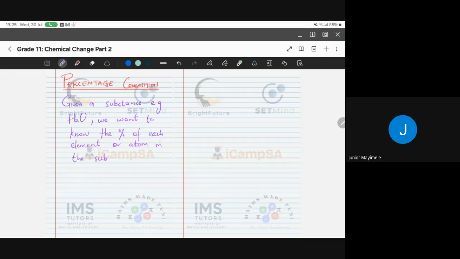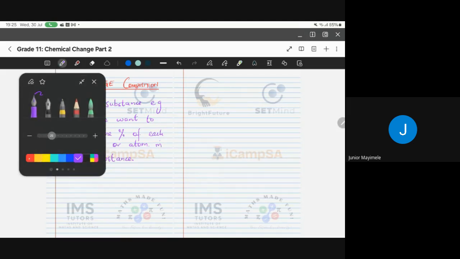In this case, we would want to know how much hydrogen or how much oxygen is in water. We usually express this in percentages. So how do we know the percentage composition of an element?